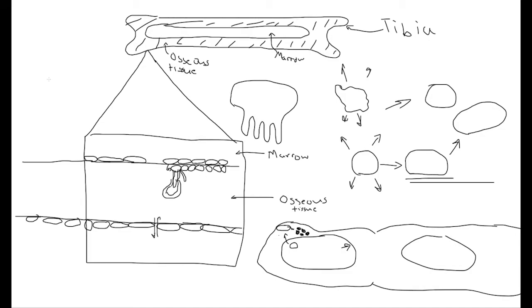So let me just show you generally how the process works. I won't go too in depth. If this is the cell, then this over here would be the bone, the osseous tissue.